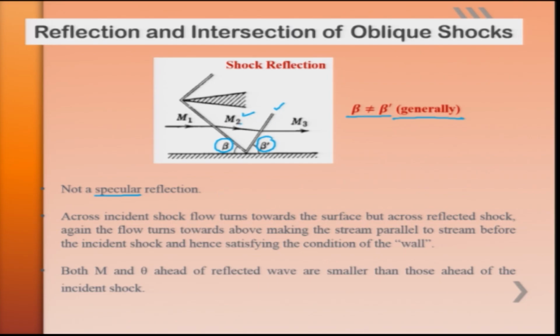Furthermore, after m2, this streamline which turns towards the surface, due to the presence of the surface, after passing this shock wave the flow must be parallel to the surface again, so that the condition of parallel to the surface upstream and parallel to the surface downstream should be made equal.